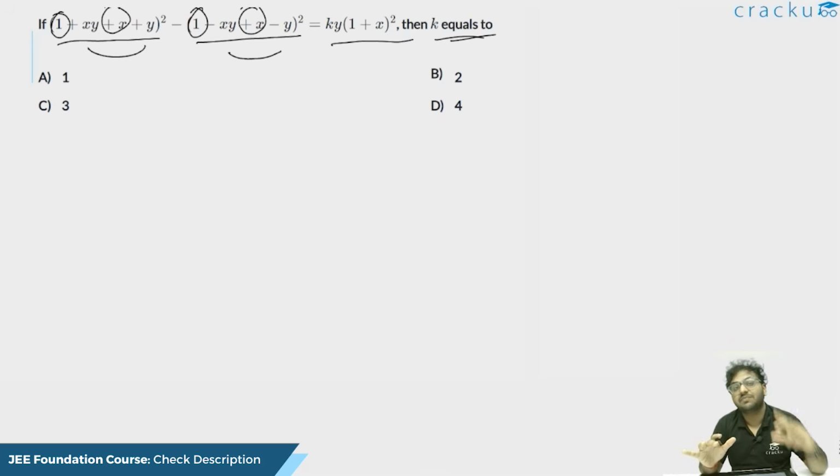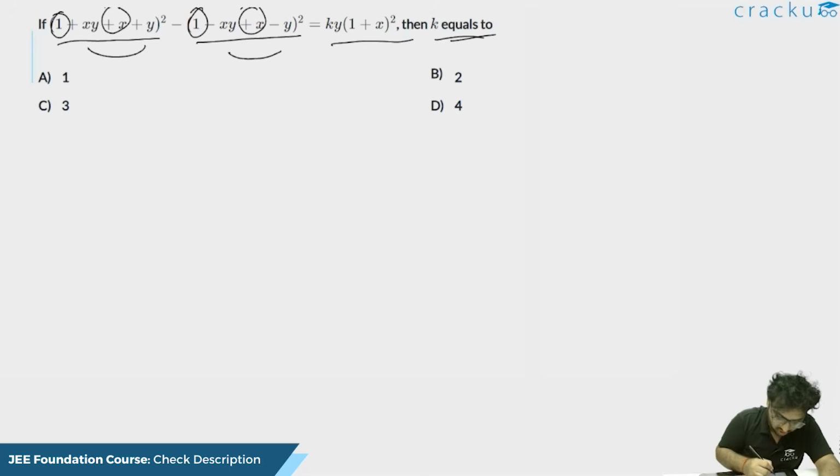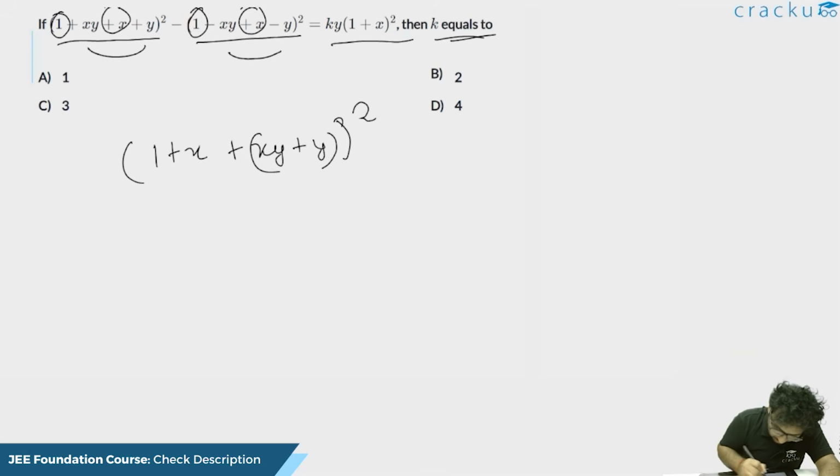So can we do something like a plus b whole square minus a minus b whole square? Because I know the value of that is what? 4ab. Because a square plus b square plus 2ab minus bracket of a square plus b square minus 2ab. So a square and b square will be cancelled out and we are left with 4ab. So let us look. So what I will do, 1 plus x here plus xy plus y. Okay. So this plus, this is what? 1 plus x minus, sorry, this is minus.